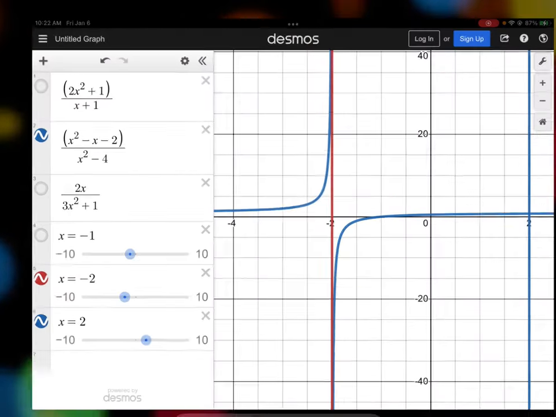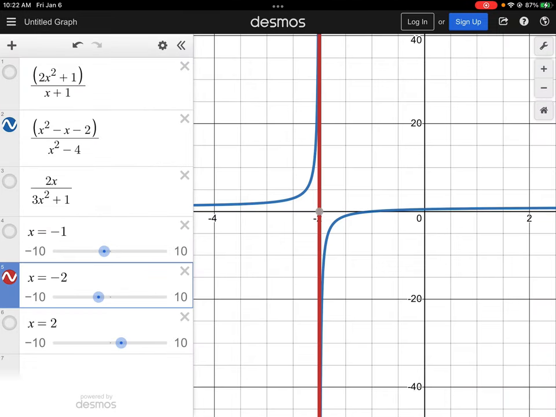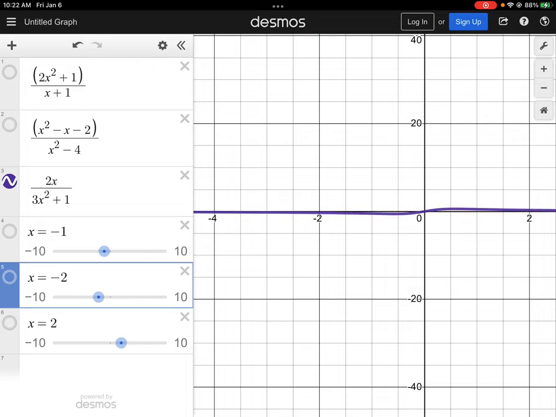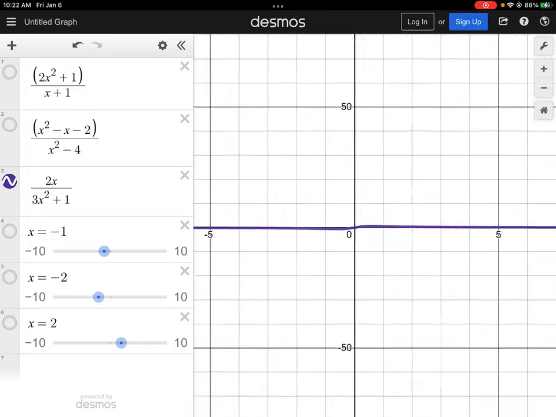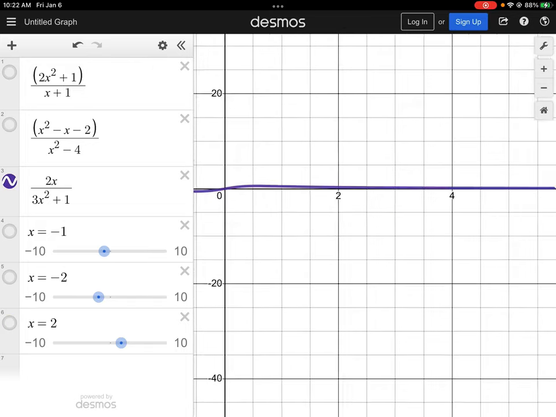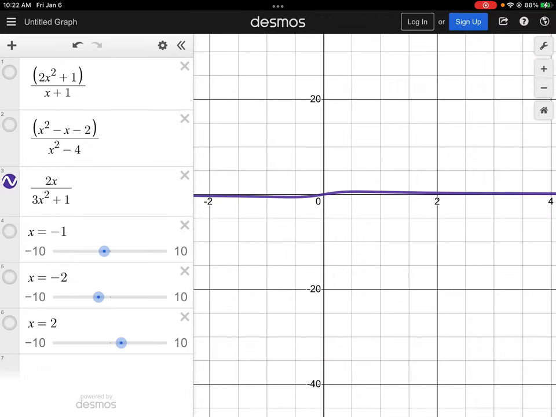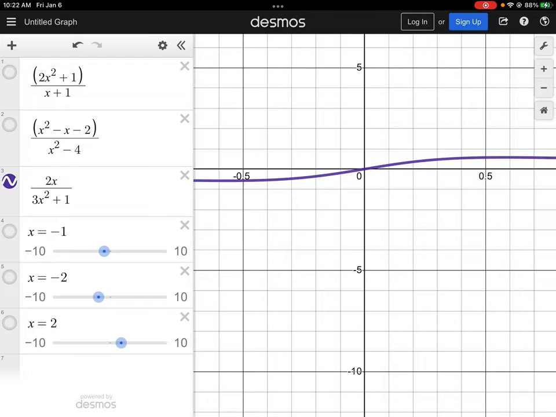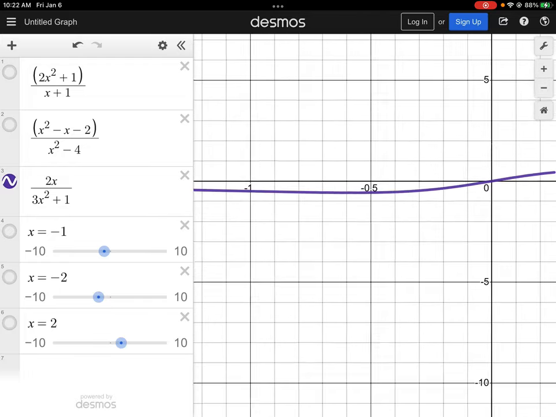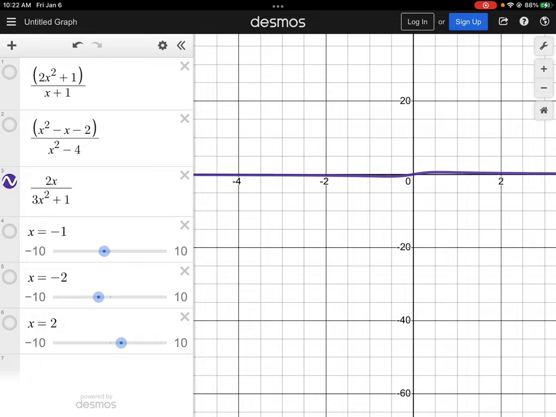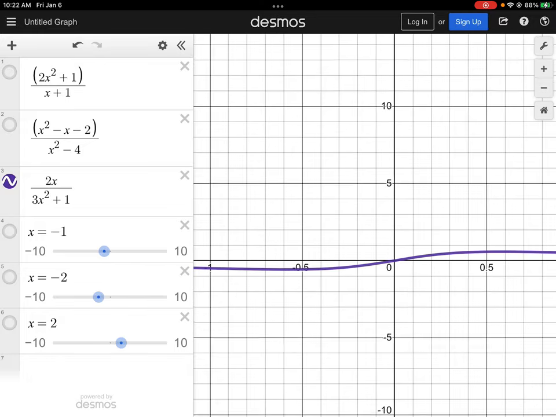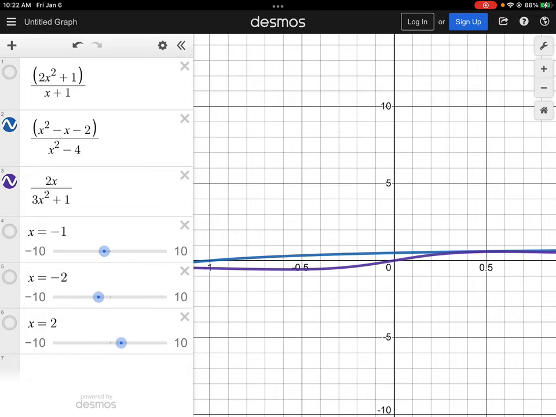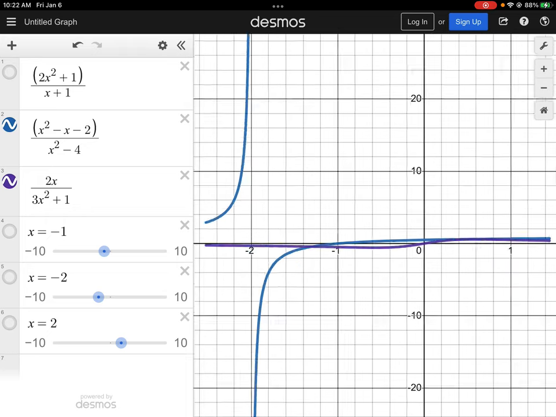So let's go to Desmos one more time and take a look at this one. Okay, so you can see that function right here. As you scroll to the left and scroll to the right, it doesn't look like there are any vertical asymptotes. I can zoom in here. You can see it's kind of like a squiggle, but I don't have anything that looks like the previous two functions, which I'm going to throw up on the graph again, right?